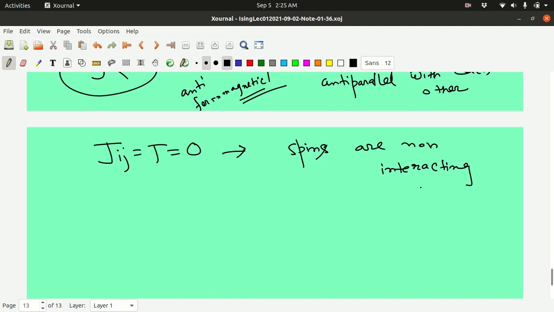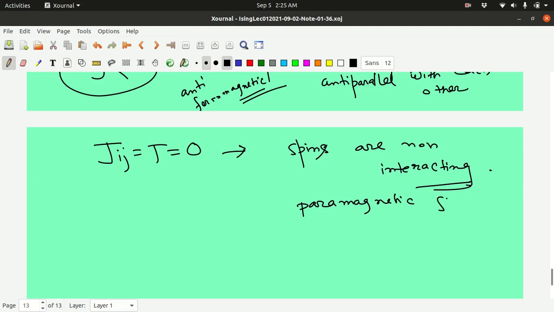You might have heard in your statistical physics problems that there are several non-interacting spins, calculate the partition function, etc. This is what it means: the spins are non-interacting, and that means they are in the paramagnetic state.